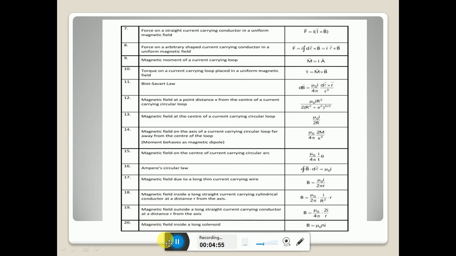These are the second set of equations. In this topic, magnetic field generated along the axis of circular current carrying loop in terms of magnetic moment. This equation I will explain while doing magnetism and matter.